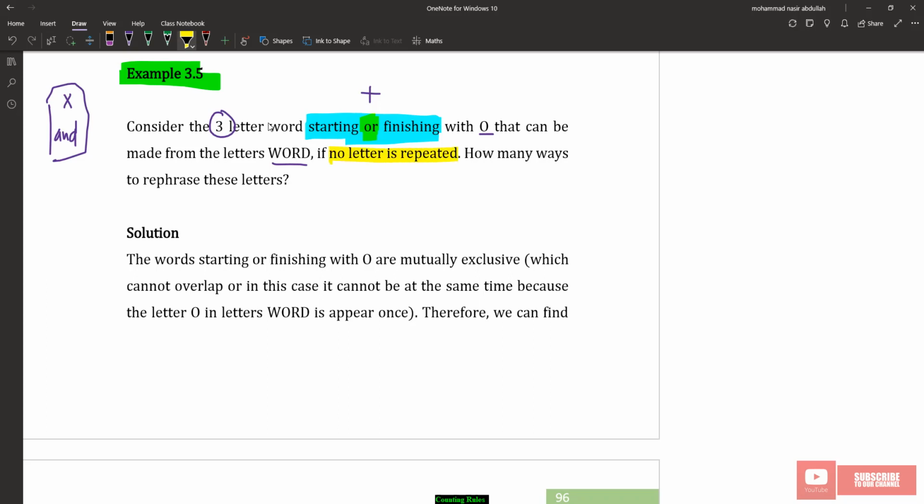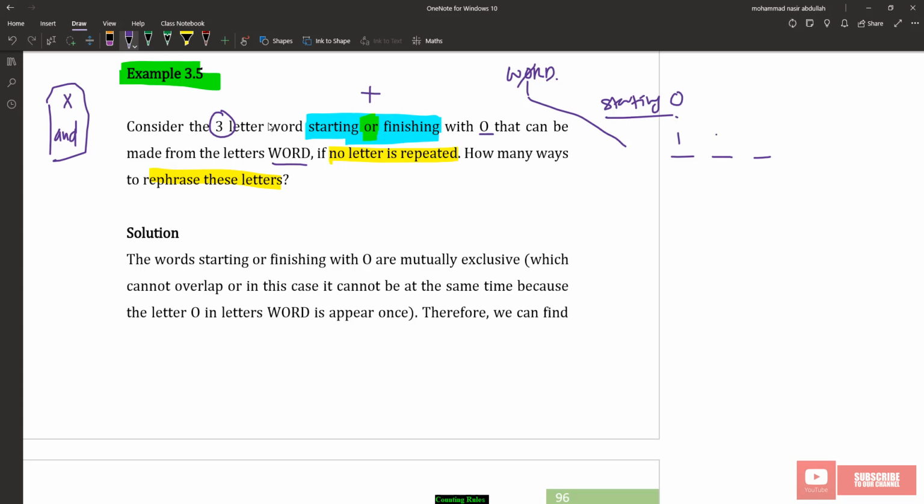So how many ways to arrange these letters? Let's look at starting with O. Starting with O, we want to create a 3-letter word from W-O-R-D. Let's say we pick O, meaning the only one O in the letters W-O-R-D. When we pick O, there are 3 letters left.